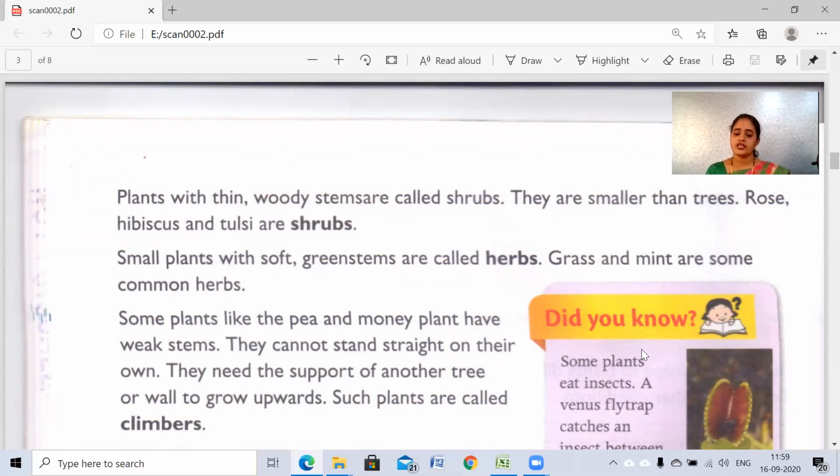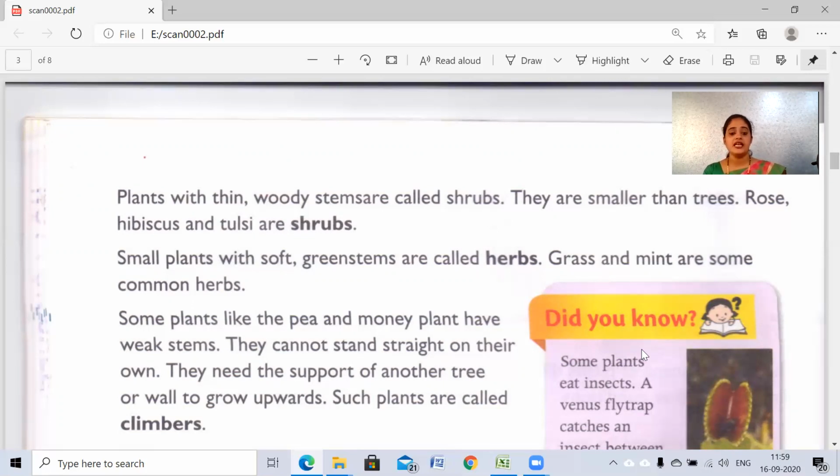Okay, look here. Some plants like pea, money plant have weak stem, isn't it? They cannot stand straight on their own. What do they need?